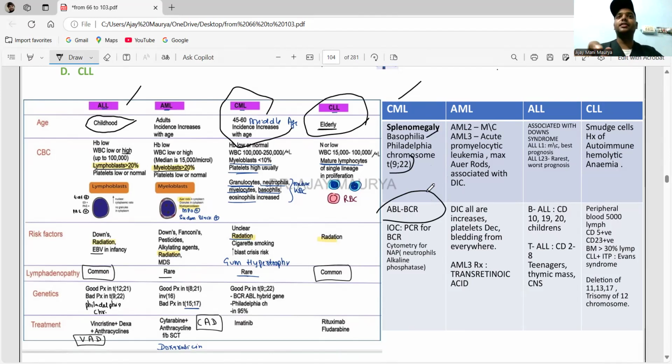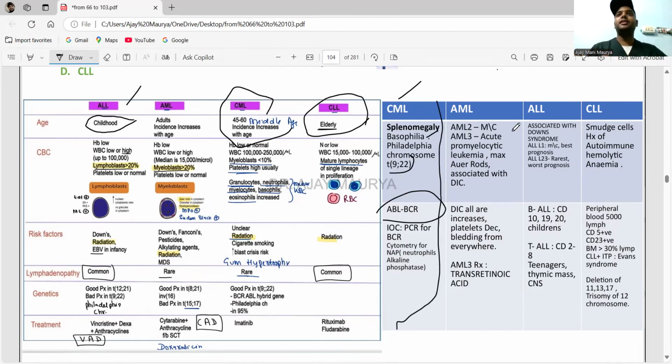You will also see the garden party appearance, which means all the values are going to be increased, mainly basophilia. This is the most important one they are going to ask in the exam.